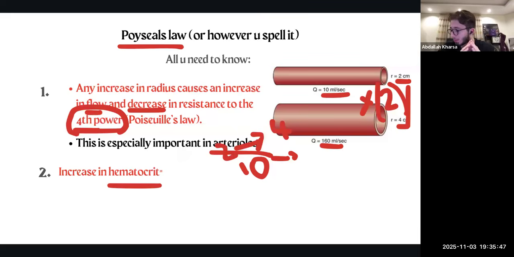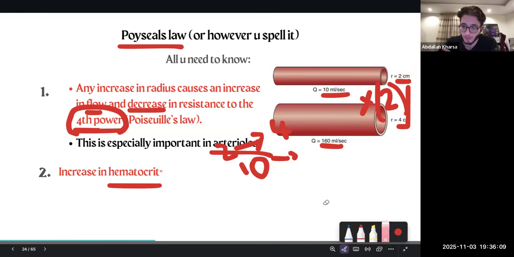Pure RBC. Very good. In your blood, you have fluid, which we call plasma, and you have red blood cells. The hematocrit is the measure of those red blood cells. You can think of it as the solidness of the vessel.